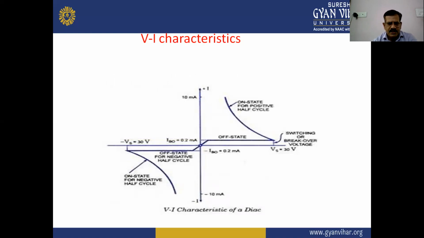There are different regions in this graph: on state for positive half cycle and on state for negative half cycle, and off state for negative half cycle, and the switch or break over voltage is also there, with the current in the range of milliampere and the voltage in volts.